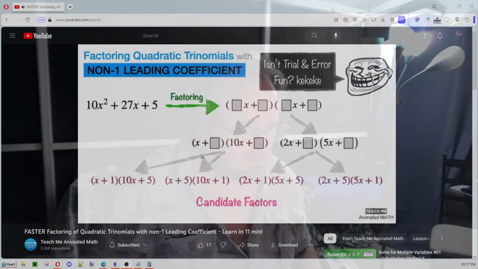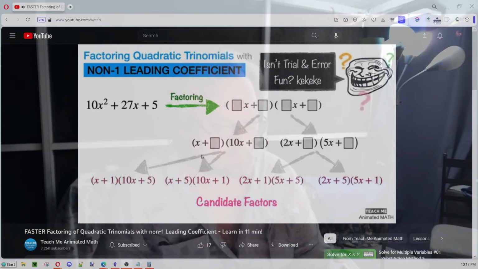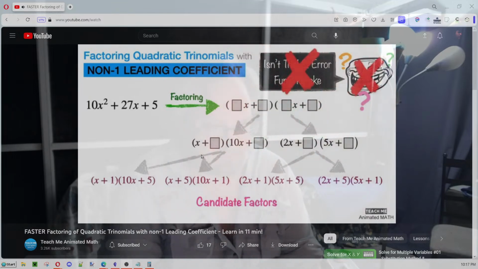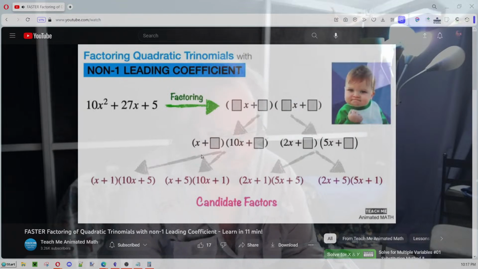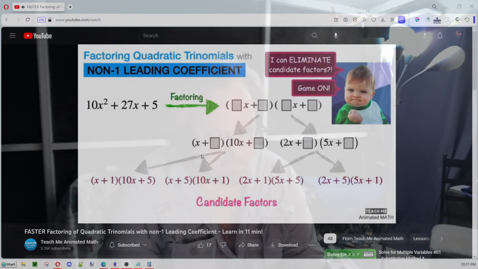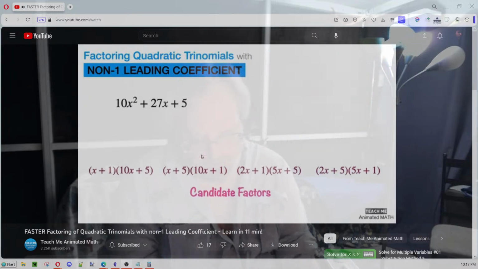An error, right? But what if I told you that you can significantly reduce the number of combinations to test for? And no, I'm not kidding. There really is a method to all this madness. You can actually make it easier using the concept of greatest common integer factors or simply common factors. Let me show you.